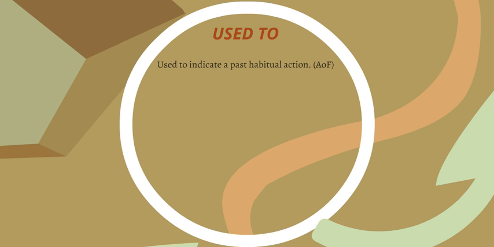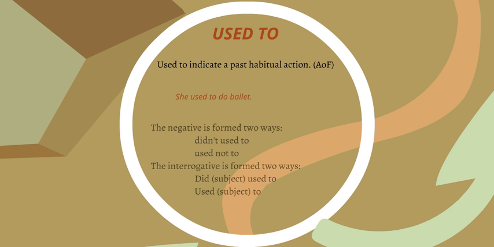Used to. Used to can be difficult because, like would, it's used to indicate a past habitual action. "She used to do ballet." Now the difference here is that it tends to be informal, very conversational. The negative is formed two ways: didn't used to, notice the D, or used not to.